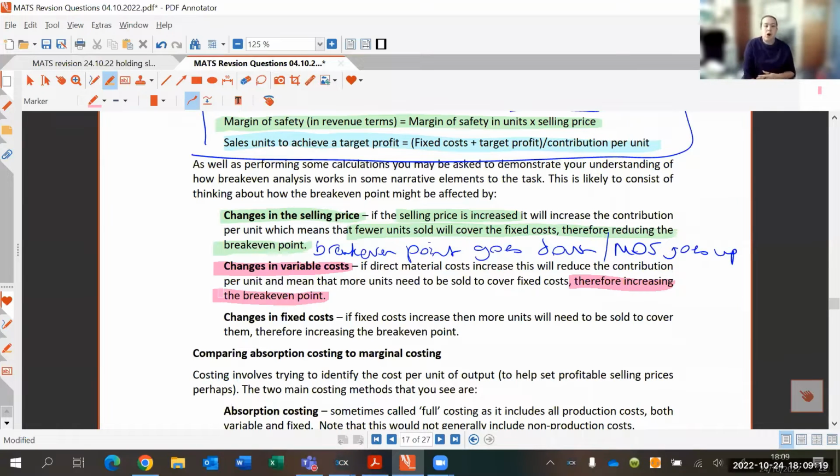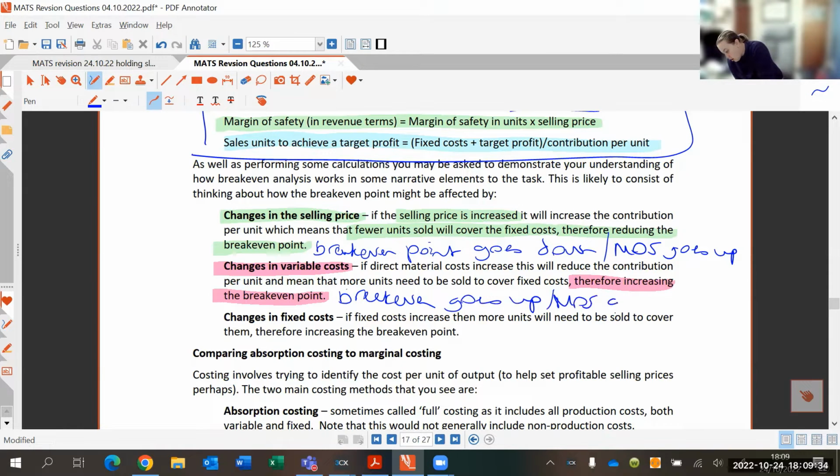Obviously, if these things go down, it does the opposite of what we're saying here. So your break-even point on that one is going to go up, but your margin of safety will go down because we've got fewer units to cover.